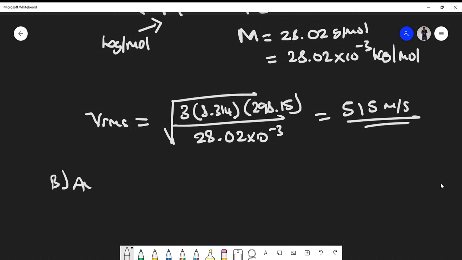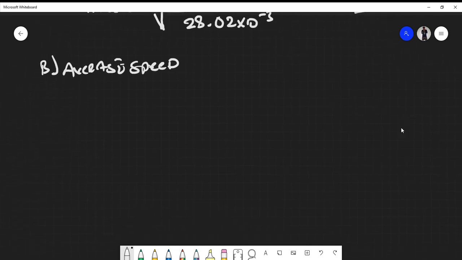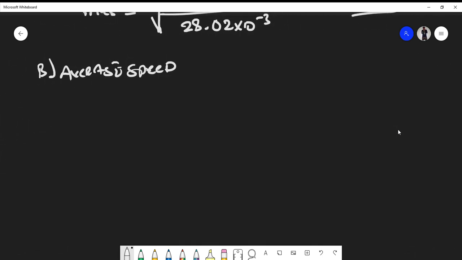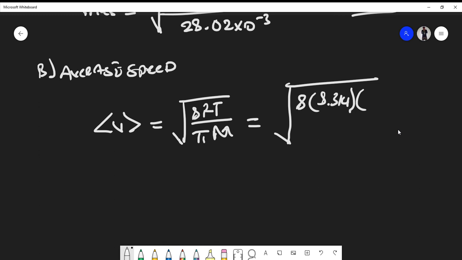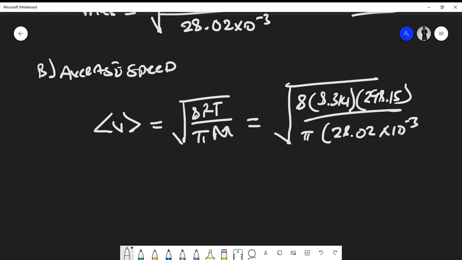If you look at B to calculate the average speed, we did say that the equation of the average velocity is equal to the square root of 8RT divided by pi big M. All we're doing again is substituting, 8 times 8.314 times the temperature 298.15 divided by pi times 28.02 times 10 to the negative 3.